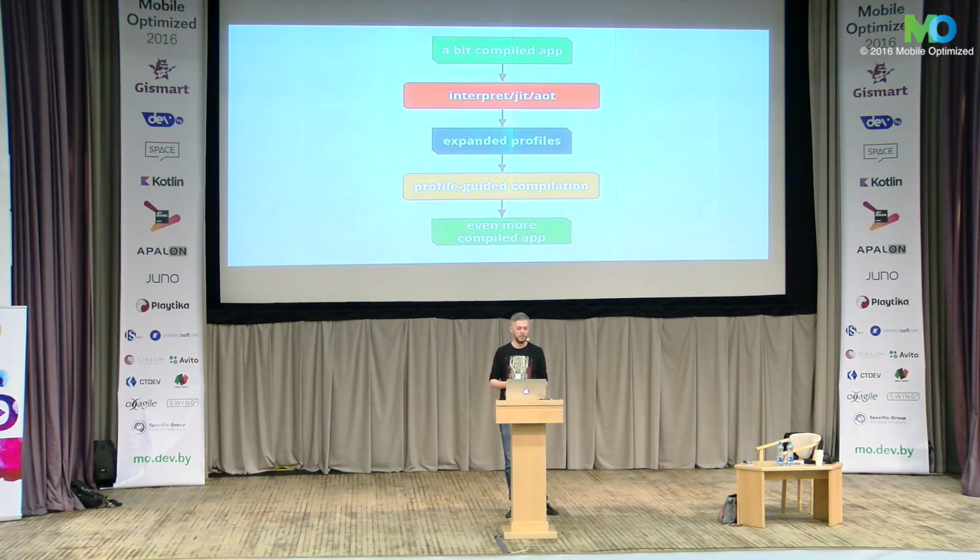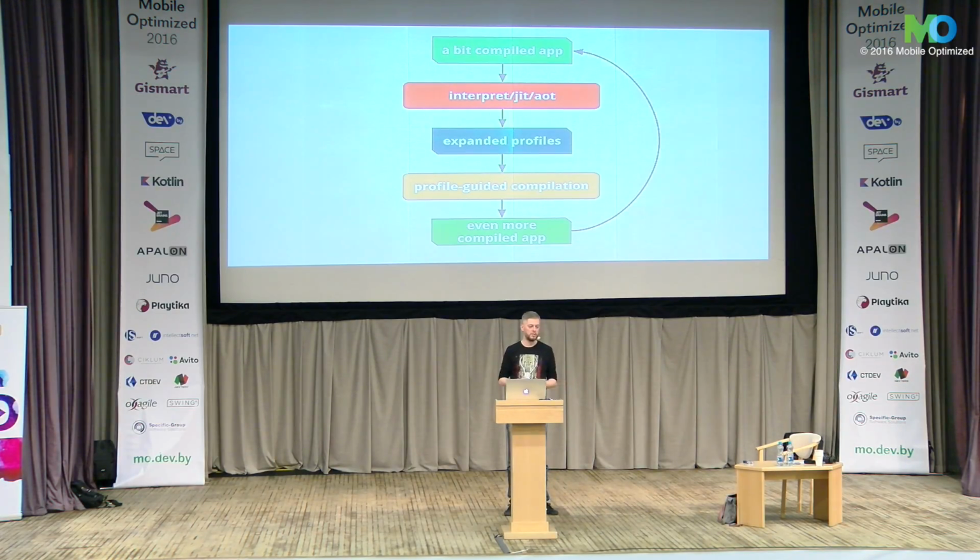So this application, at the end, is even more compiled. It was pure DEX bytecode, and after a few runs of this application, it's almost native code. So if you use the application, you have fast startup, you don't need to compile it ahead of time, but if you use the application more and more, more and more parts of this application become native code, and they don't need interpretation or just-in-time compilation. And this cycle goes over and over again.